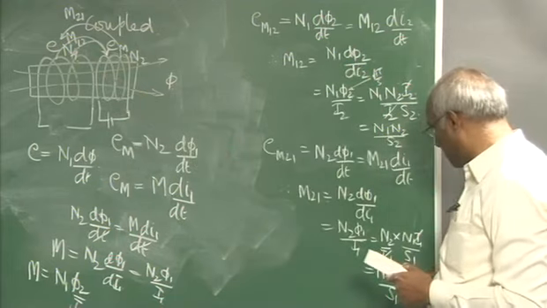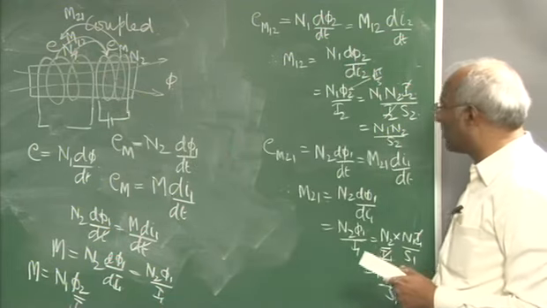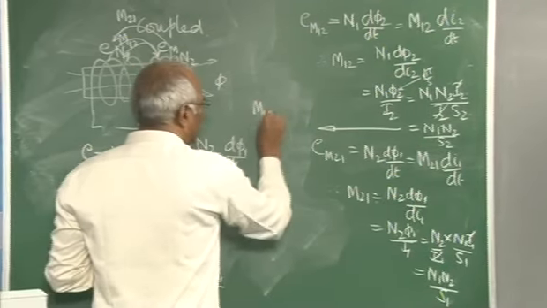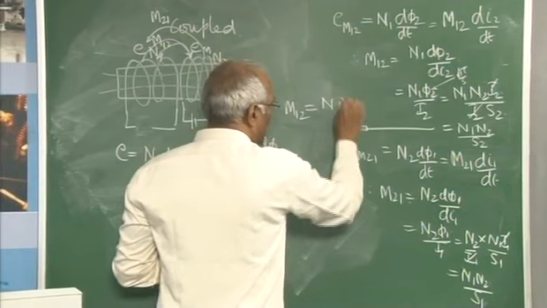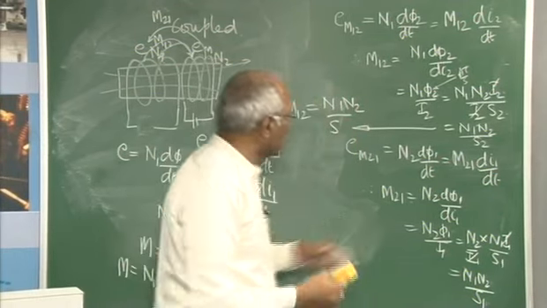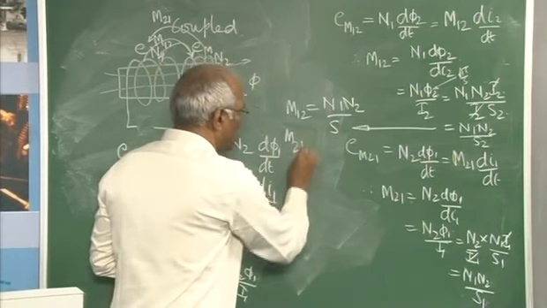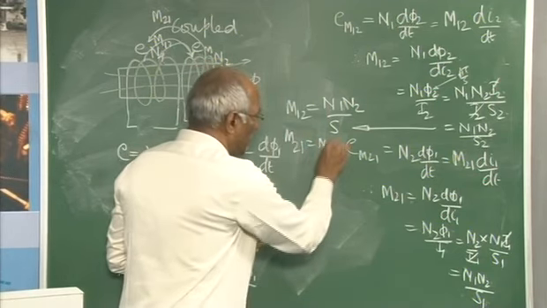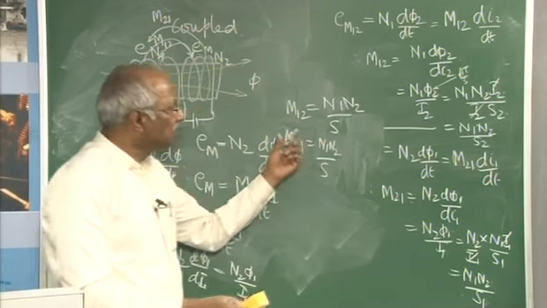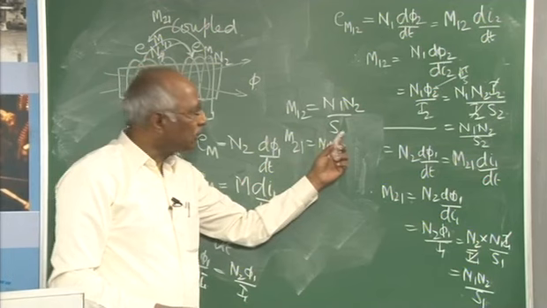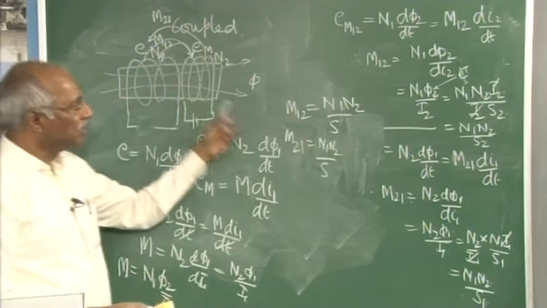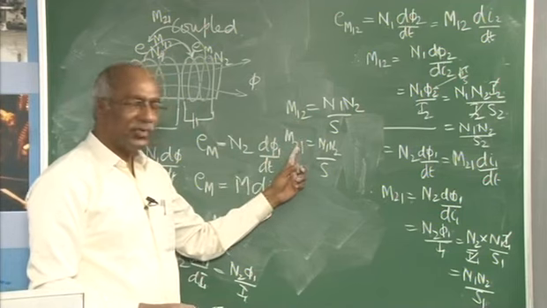S1 is equal to S2. If I call S1 equal to S2 equal to S, then M12 will be equal to N1 N2 by S, and M21 will be equal to N1 N2 divided by S, which indicates that the mutual inductance is the same irrespective of which coil you consider.